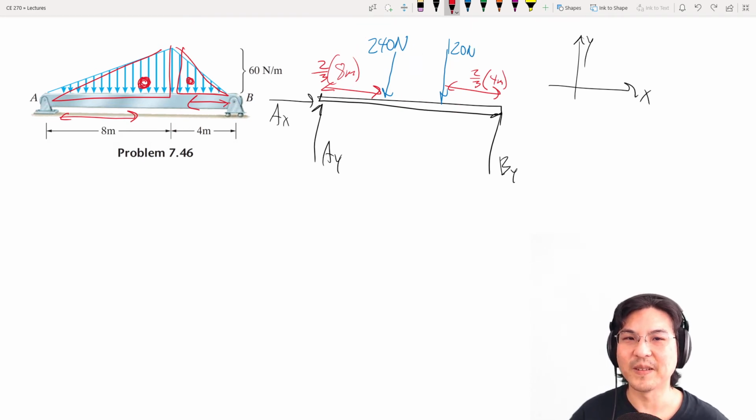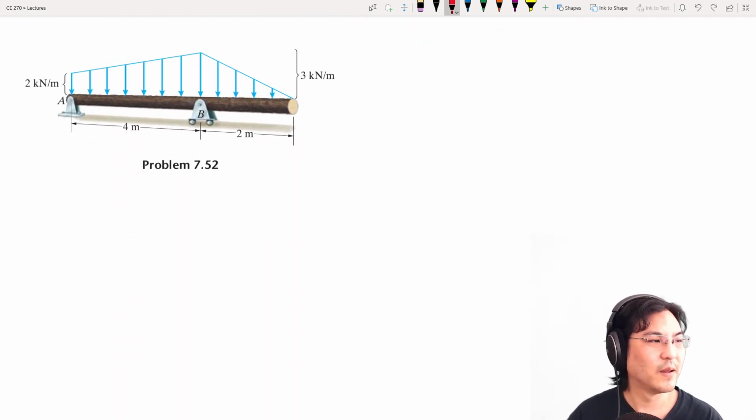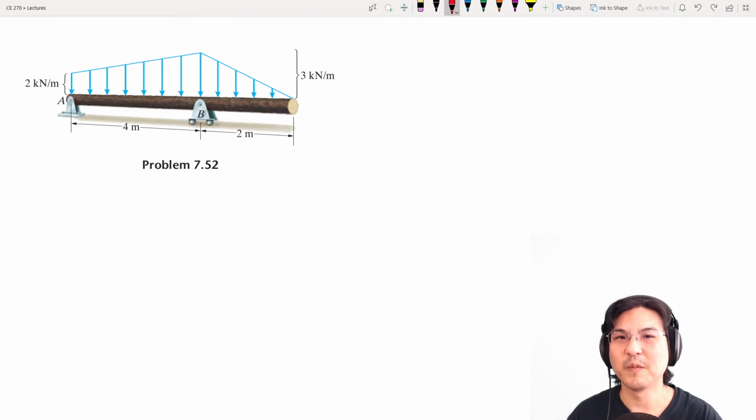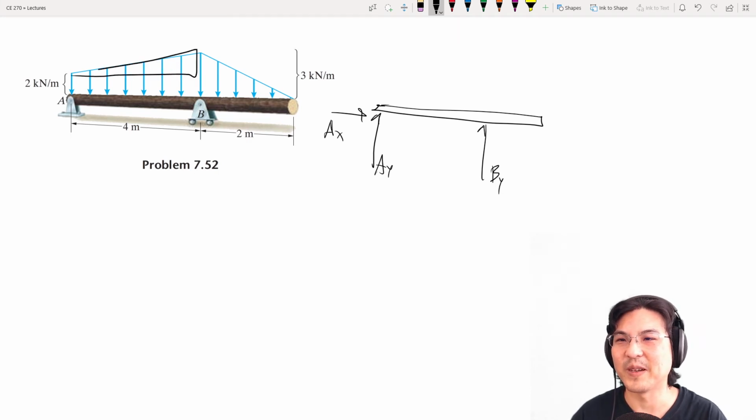Okay, let's try another. Here we have this beam with a pin at A, a roller at B, and now I want to represent this distributed load. It looks to me like a triangle on top of a rectangle, and then another triangle over here.